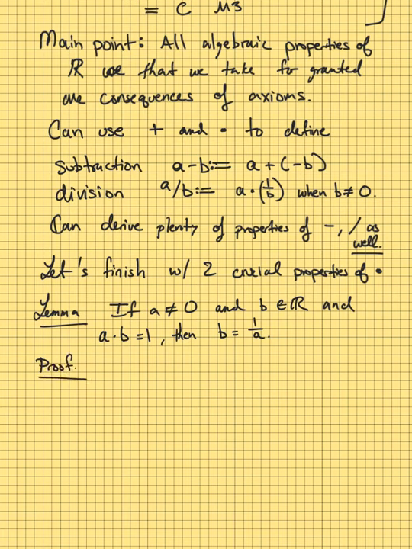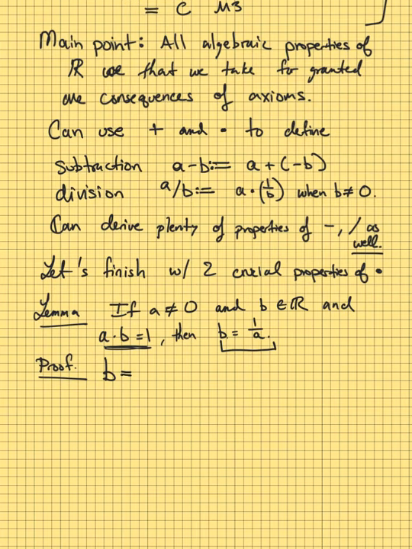So again, we start with a similar kind of trick: if you want to show some of these properties, you always start with the thing you want to prove, and of course you want to use the axioms to move you from b to 1 over a, and of course at some point you have to use this assumption that a times b is 1. Okay, so here's kind of how this goes.